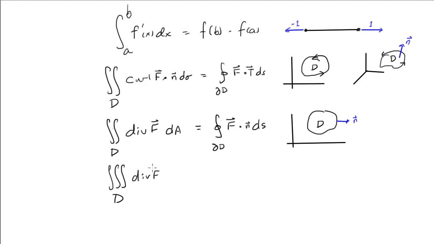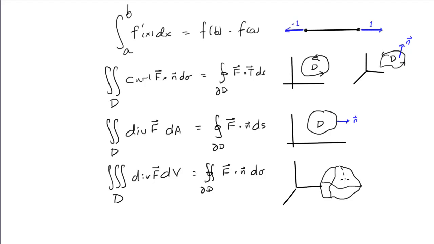Going into R3, we have the generalization of Green's theorem. All of these are subsumed by differential forms.